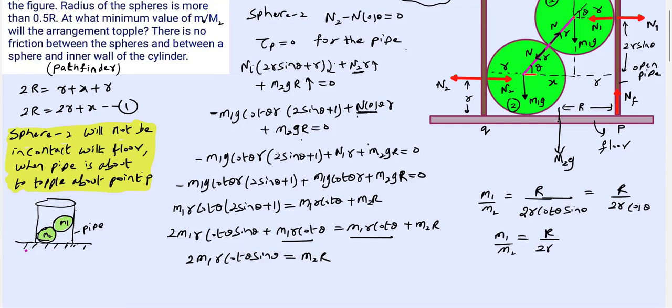Cos theta will be x by 2r. And what is x? X will be from here, 2r minus. So this should be your answer.